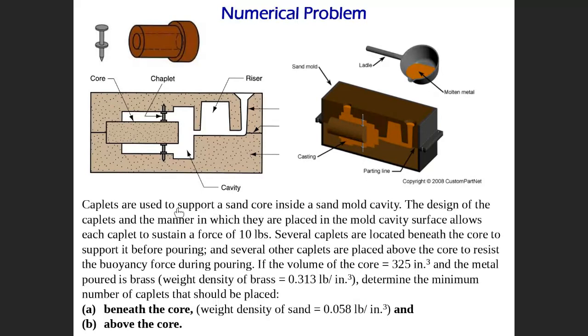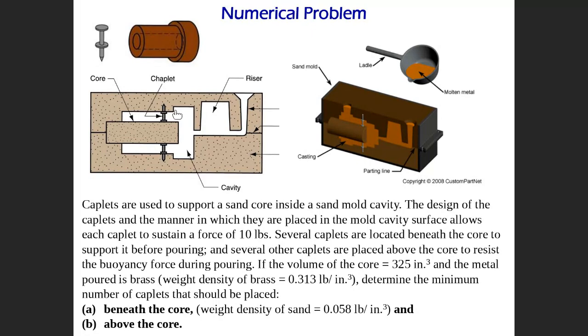Chaplets are used to support a sand core inside a sand mold cavity. This one is a chaplet. Chaplets are used to support the core here in the sand mold cavity. The design of the chaplet and the manner in which they are placed in the mold cavity surface allow each chaplet to sustain a force of 10 pounds.